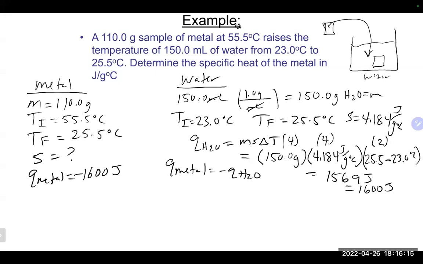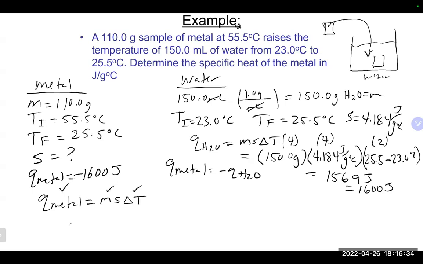That's significant because that was the last piece of information that we needed to be able to calculate the specific heat capacity of the metal. Because now if we look at our equation for the metal, we have m s delta T. We obviously have that, and we have that.